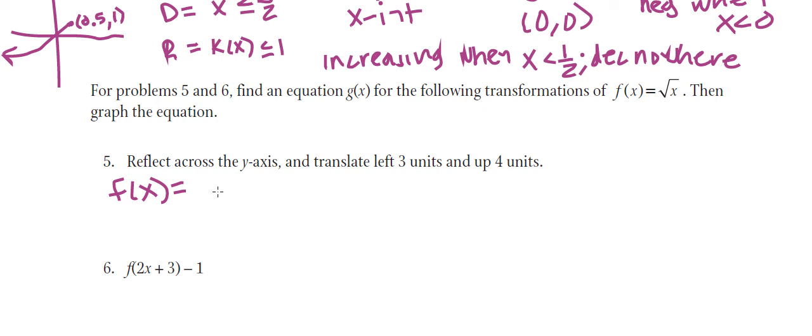So if I want to create a reflection across the y-axis here, I would have a negative on the inside with my x. Then if I want to translate it 3 units left, I'm going to put plus 3. And then if I want it to go 4 units up, I'm going to put plus 4 there.